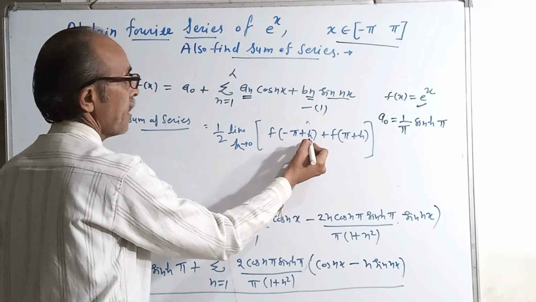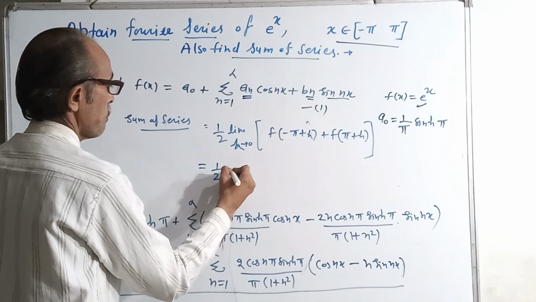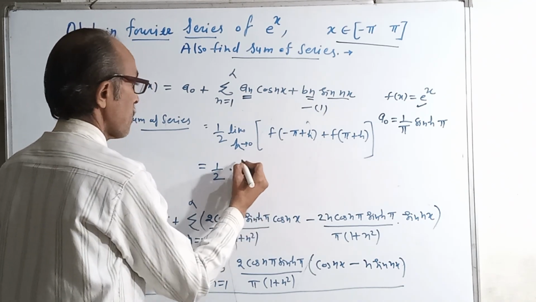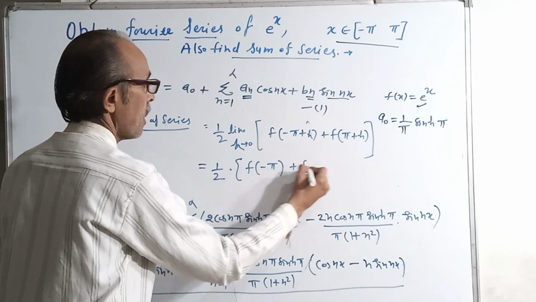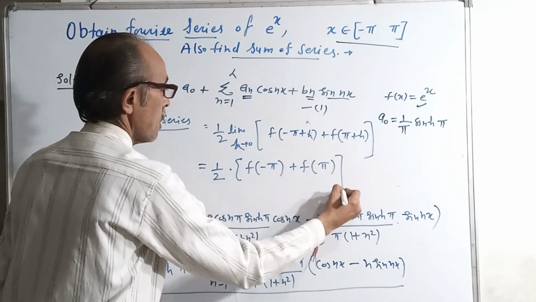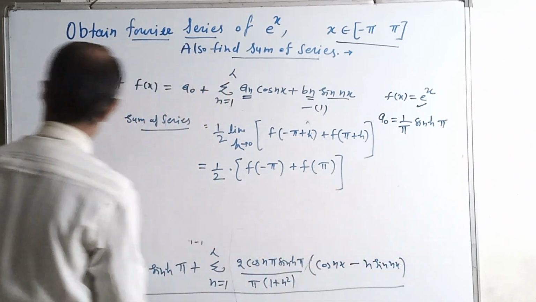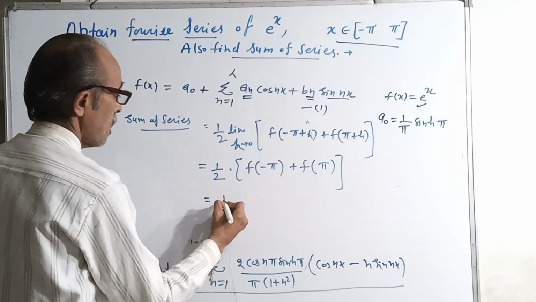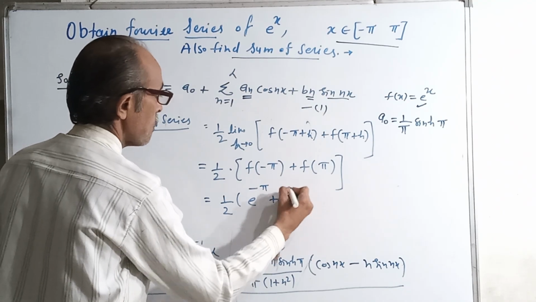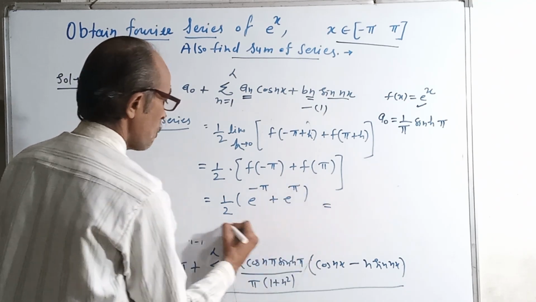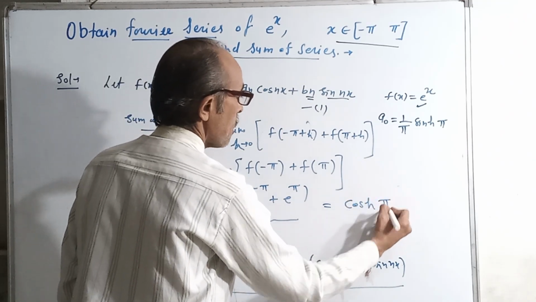Then we put h value 0, it is equal to half of f(-pi) plus f(pi), and by this, the sum of series is half of e^(-pi) plus e^pi, which is the cosh function, that is cosh(pi).